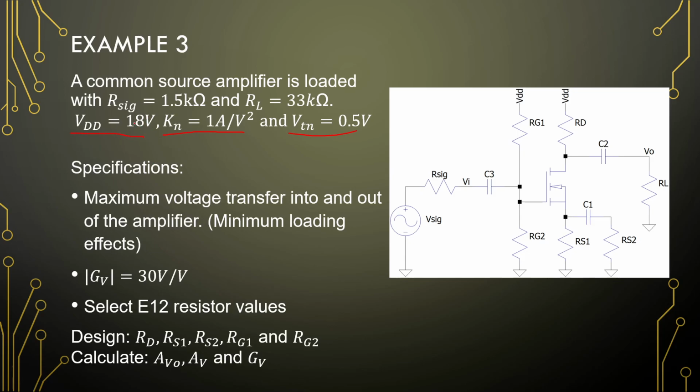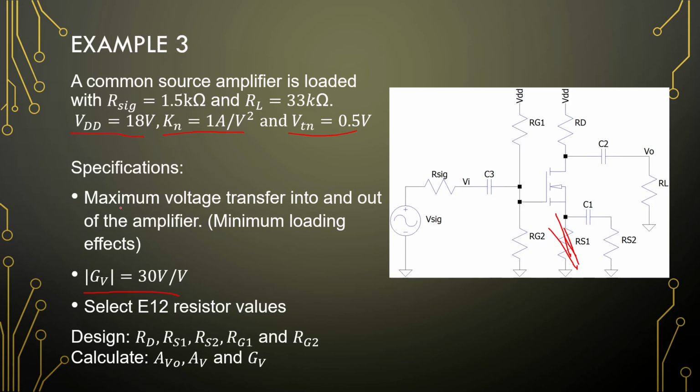We divide this by 0.1, we get the maximum gain for our amplifier. This is when using VDD over 2, so without the source resistor, we should be able to get a gain out of our amplifier of about 180, which is much greater than our GV of 30 volts per volt.